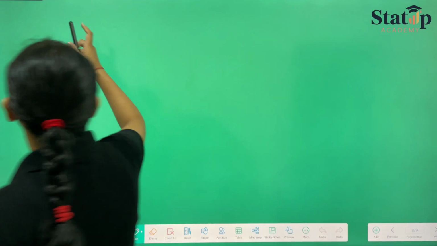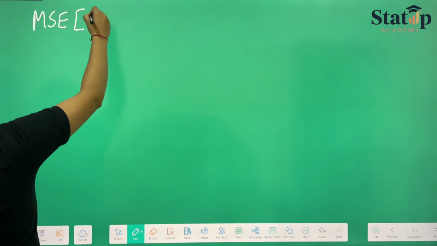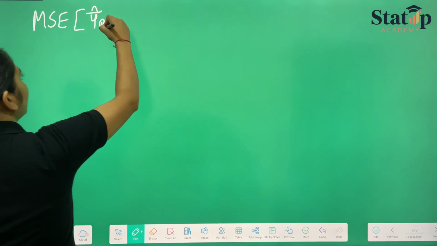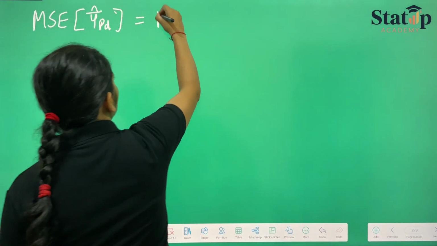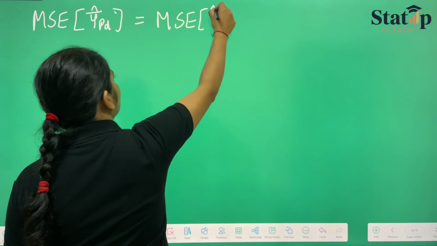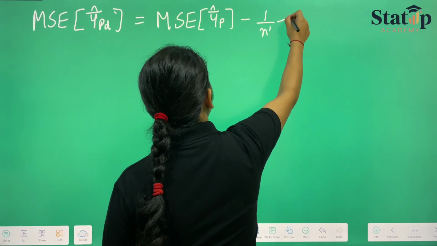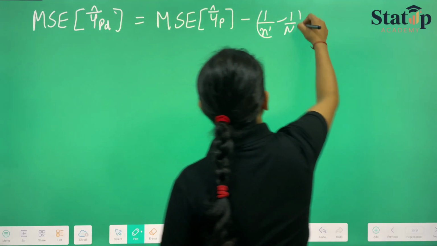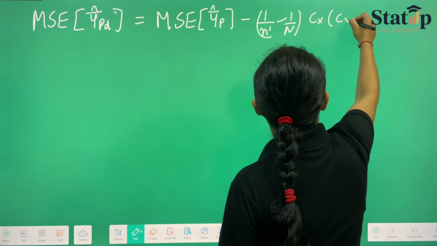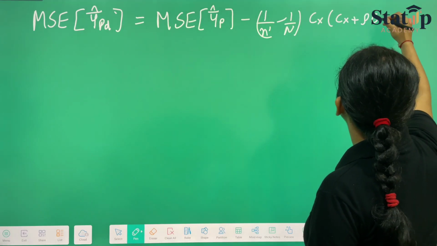So we can write that MSE of product estimator in double sampling is equals to MSE of product estimator in single sampling minus 1 upon n prime minus 1 upon capital N into Cx plus rho Cy.